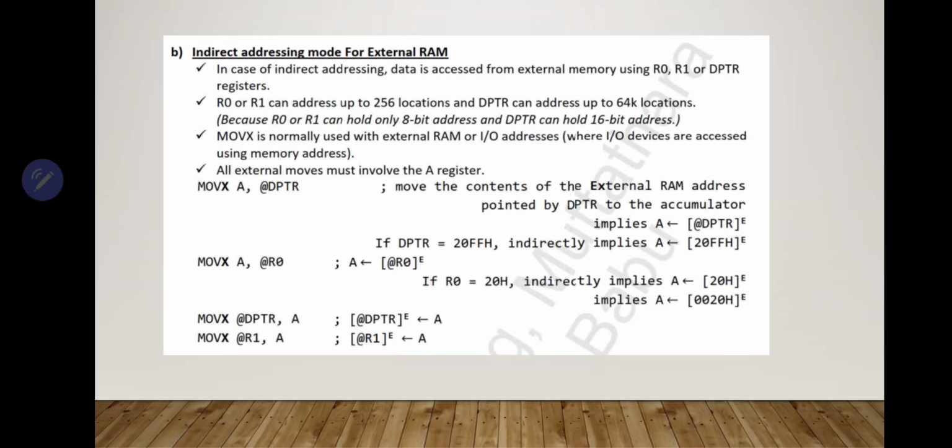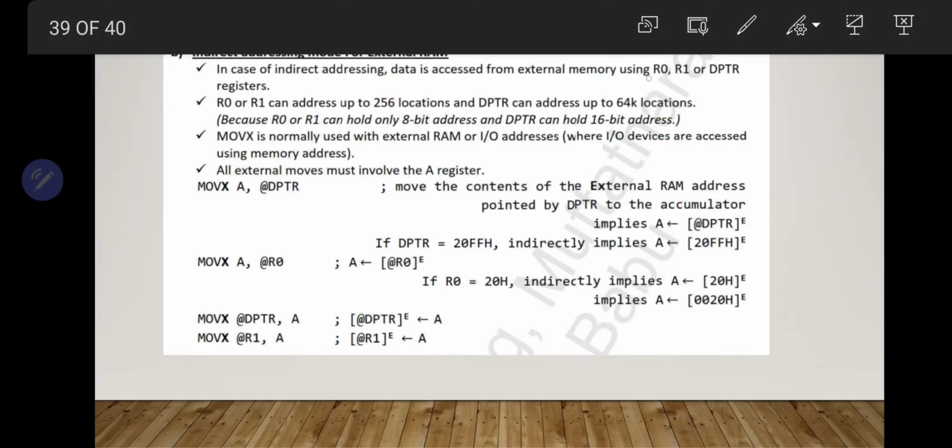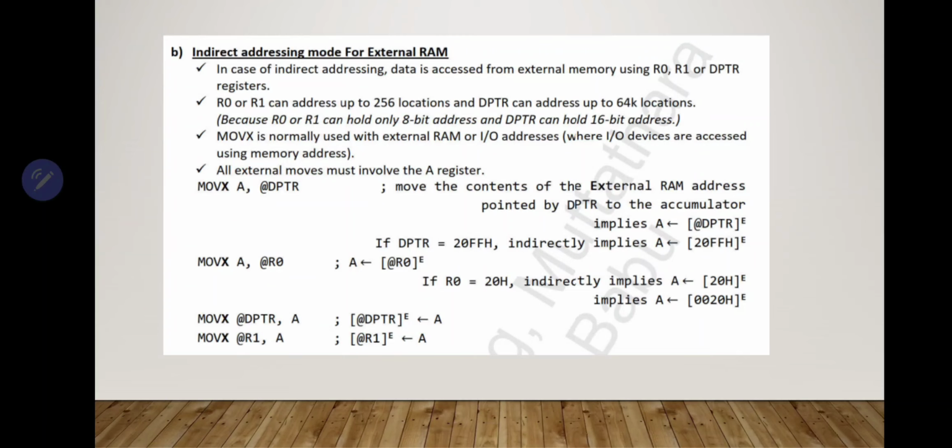If indirect addressing mode occurs with external RAM, what will happen? In the case of indirect addressing mode, external RAM is accessed using R0, R1 and the data pointer. For internal RAM we use only two registers, R0 and R1, but for external RAM we use R0, R1 and DPTR. The only difference is that for external RAM, instead of MOV we have MOVX.